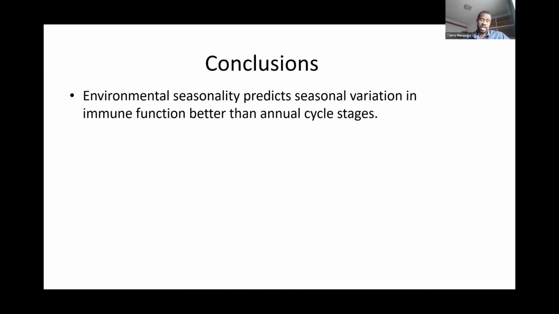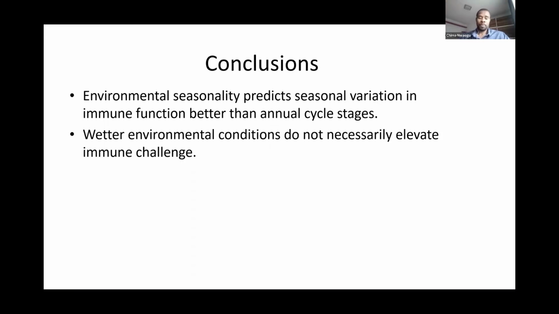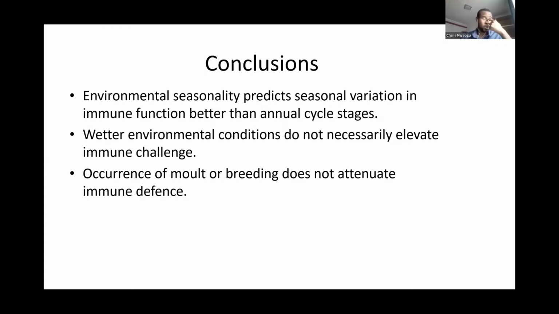So we can say that environmental seasonality actually predicts immune function better than annual cycle stages, at least from the common bulbul. Weather conditions do not necessarily imply high infection risk, and when birds change their feathers, it doesn't make them down-regulate immune function.